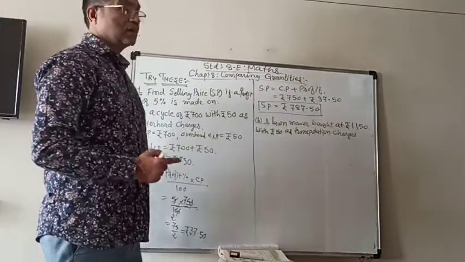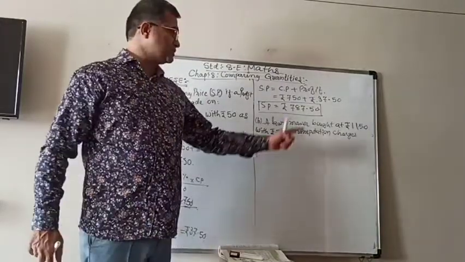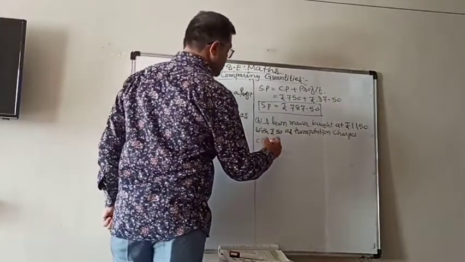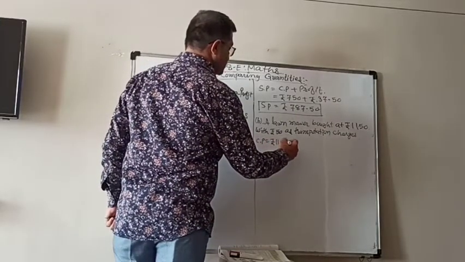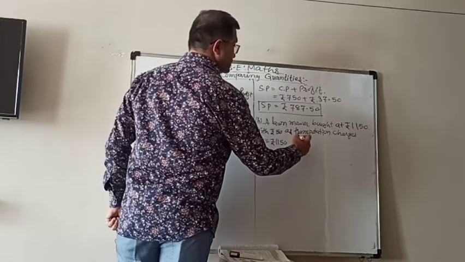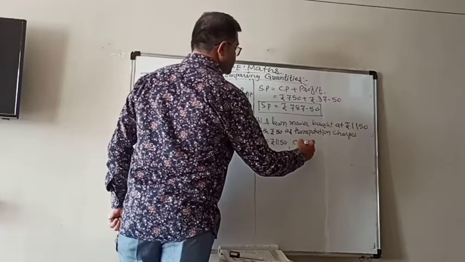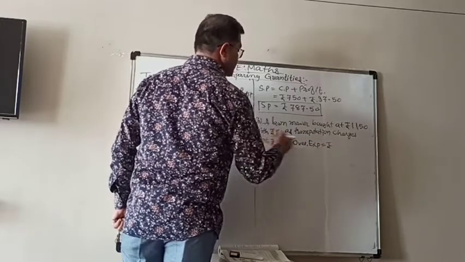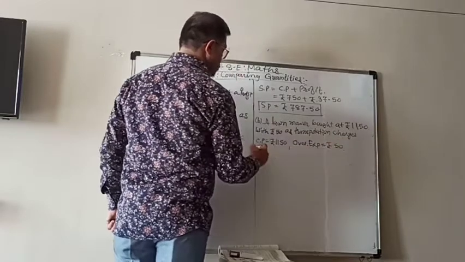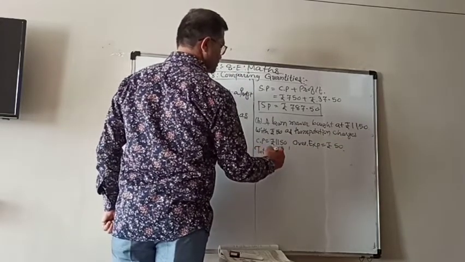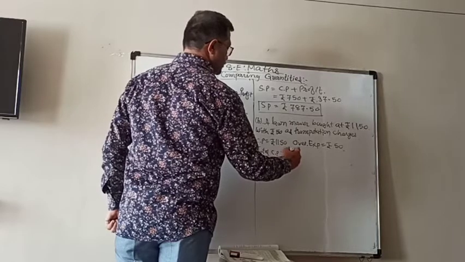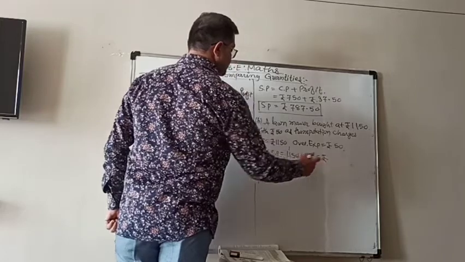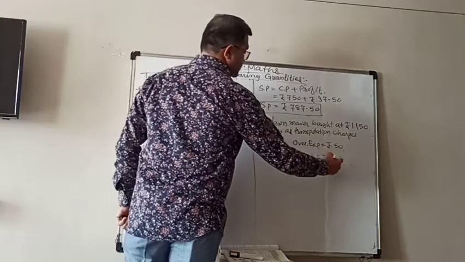So here the lawn mower was bought at rupees 1150, so that is the CP. So CP is equal to 1150. Then overhead expenses are rupees 50. So total CP is equal to 1150 plus rupees 50, so that is rupees 1200.